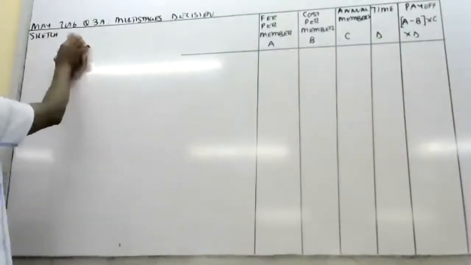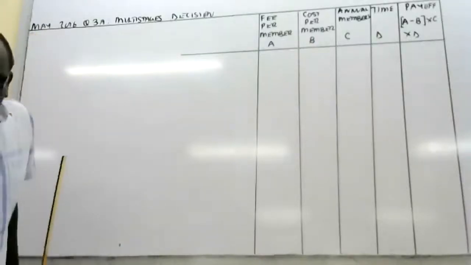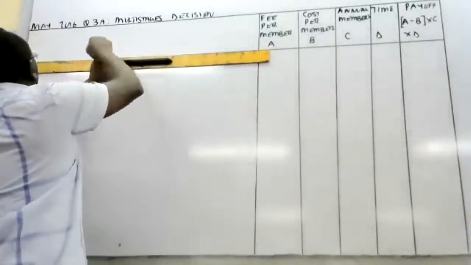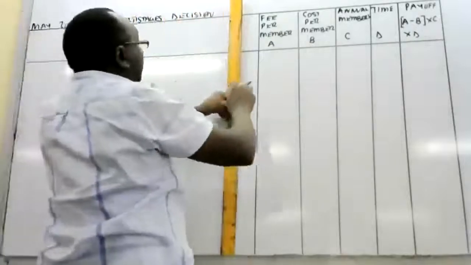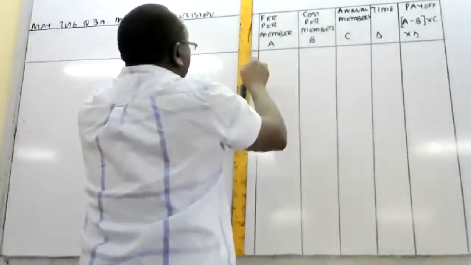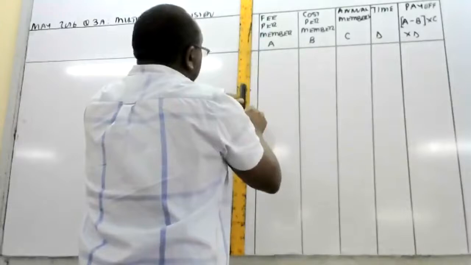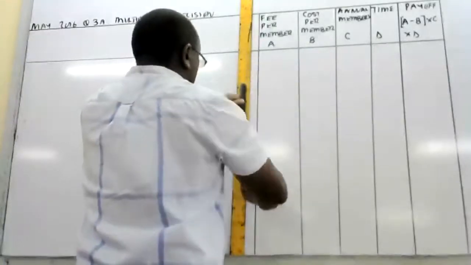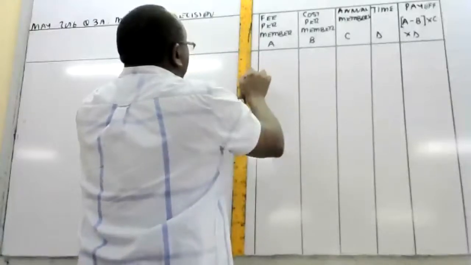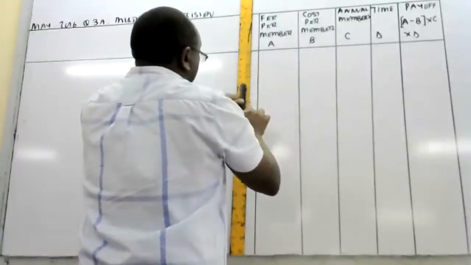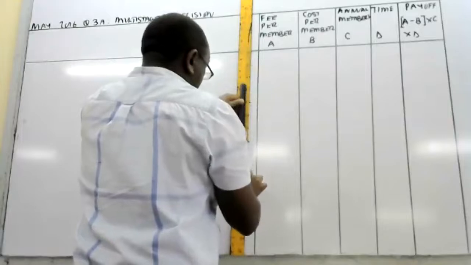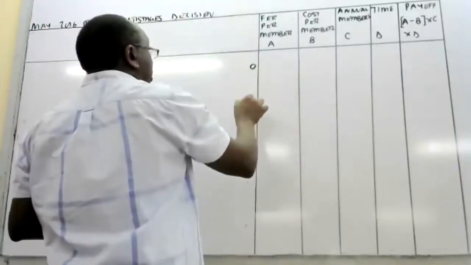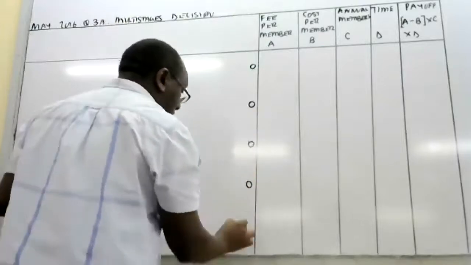So now we can draw the tree. We have said we have 5 tails. So if I start here, one, 2, 3, 4, 5.